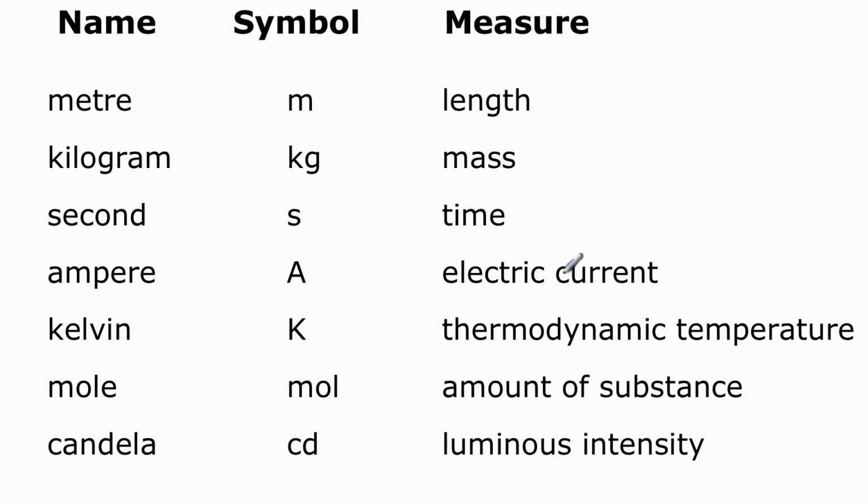Time, seconds. Electric current, we use amperes. Temperature, we use Kelvin instead of Celsius or Fahrenheit. Amount of something, rather than weighing that, we count how many molecules there are, and we measure that in moles. And for the intensity of light, we use candles to measure that.